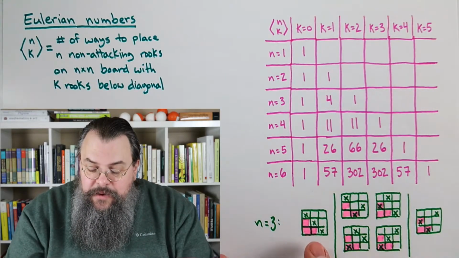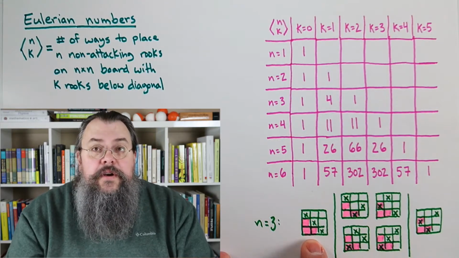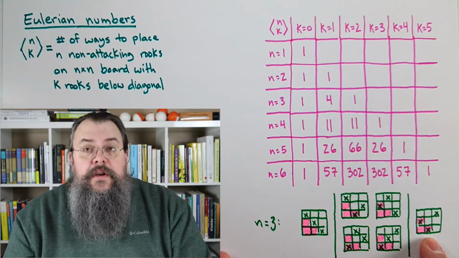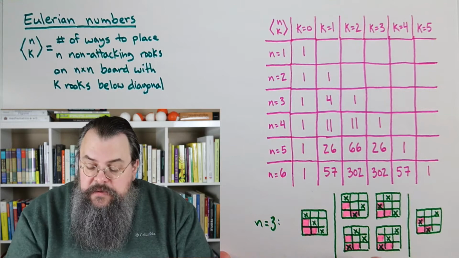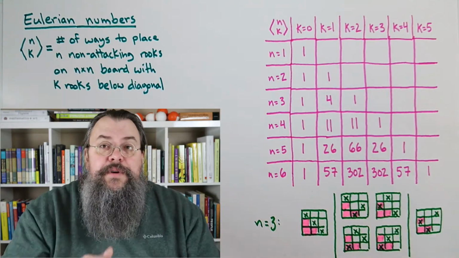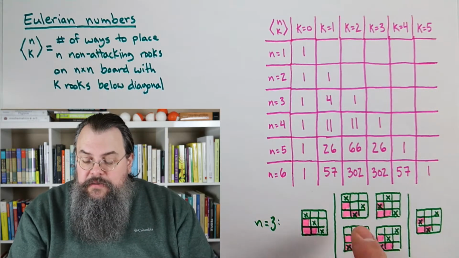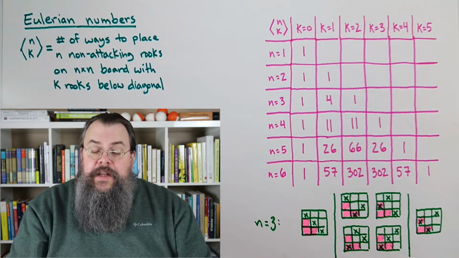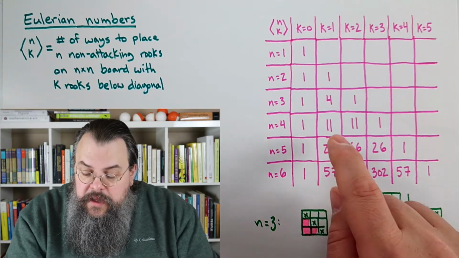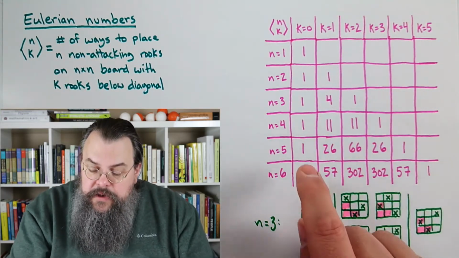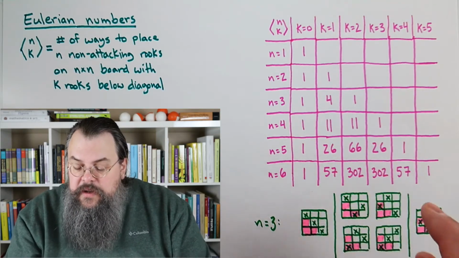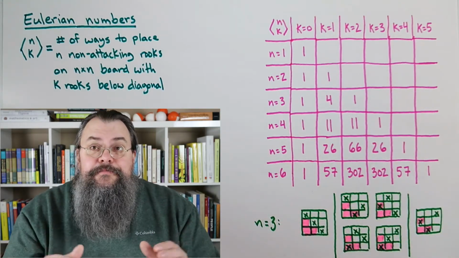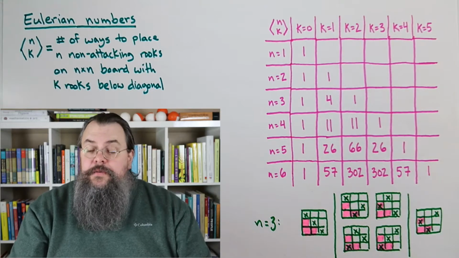And you can see there's one placement where no rooks are below, one placement with 2 rooks below, and 4 placements with 1 rook below. So that's where you get the 1, 4, 1. And then it continues on: 1, 11, 11, 1. 1, 26, 66, 26, 1. And so forth.